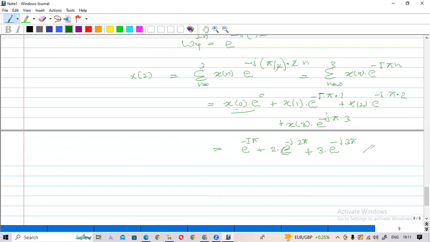If you can find up to this one, you will get full marks, but you can easily find the value of this one also, because here you have π, 2π, 3π.